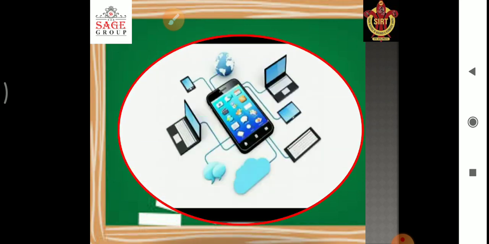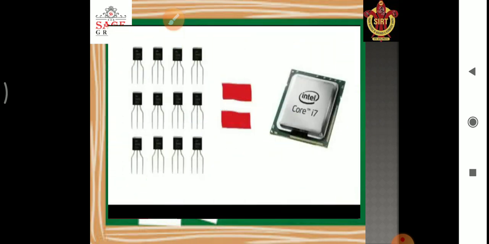Nowadays, all communication devices use semiconductor devices. In a single chip, such as an i7 or i3 Intel Core, millions and millions of transistors are connected.